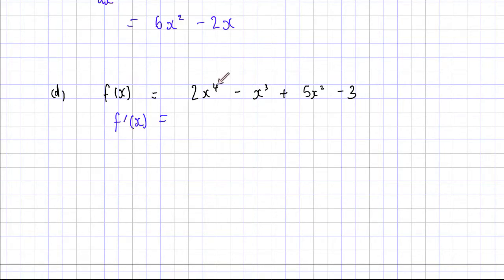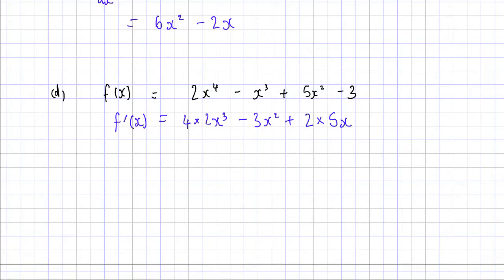Okay, the 4 is the n, so that comes to the front, so I'm going to have 4 times 2x to the power of 3 because the power needs to go down by 1. And the next one is just going to be minus 3x squared. And the next one, the 2 is going to come down, so 2 times 5x.